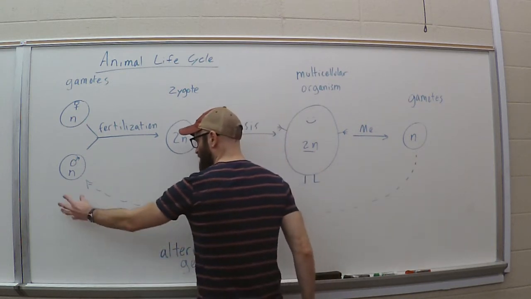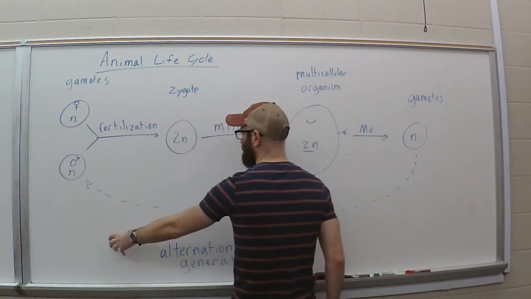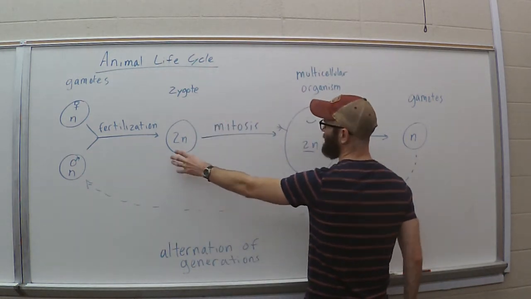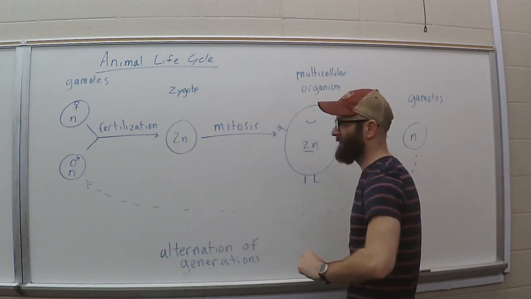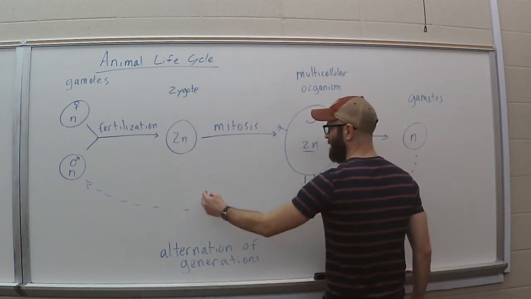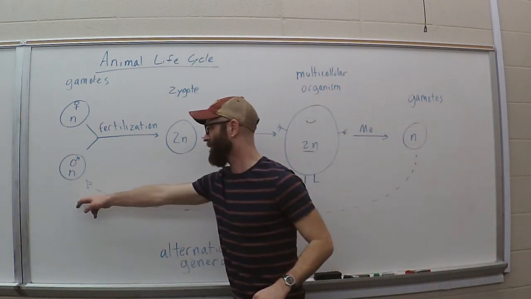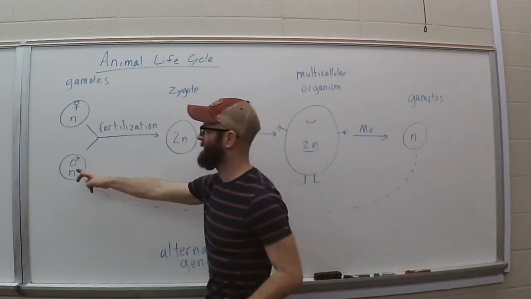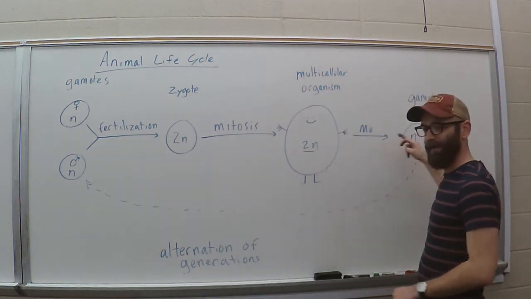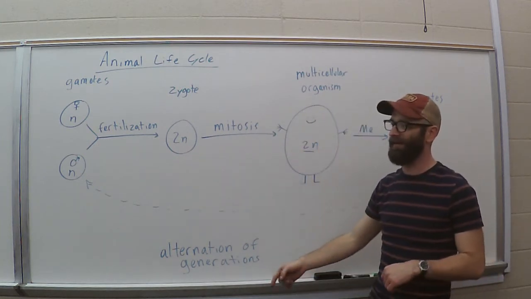So you have a haploid generation, and then two haploid cells of that generation will combine to form a zygote, which is a diploid, or at the beginning of the diploid generation. And so you have this alternation of generations between haploid, diploid, haploid, diploid, haploid, and diploid over and over and over again.